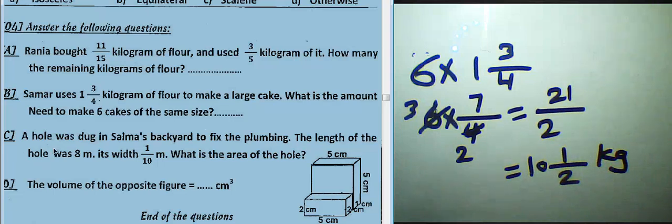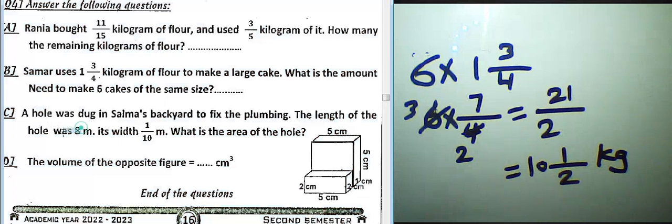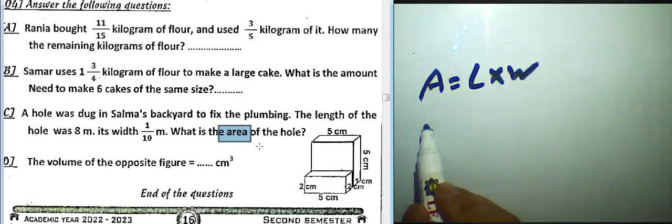Question C. A hole was dug in Salma's backyard to fix the plumbing. The length of the hole was 8 meters and its width 1 over 10 meters. What's the area of the hole? We can find the area by multiplying length and width. Area equals length multiplied by width.